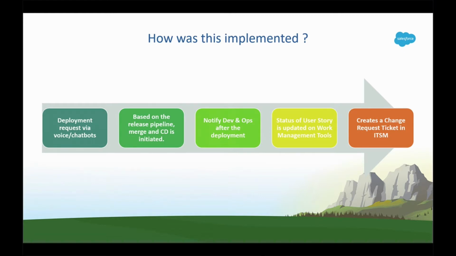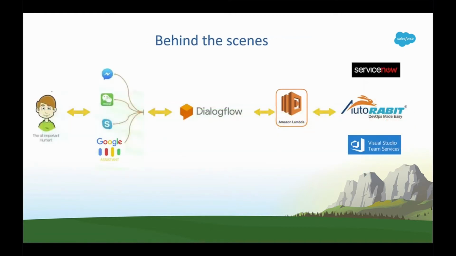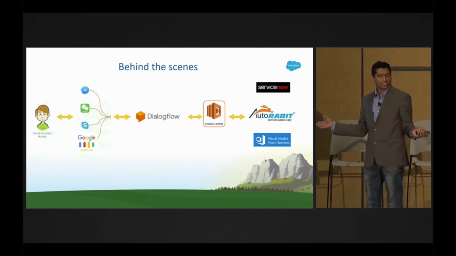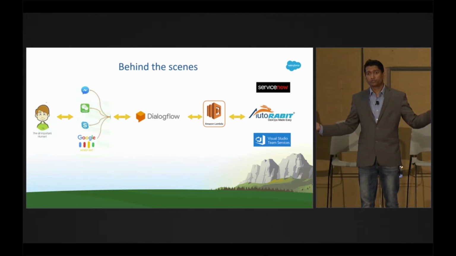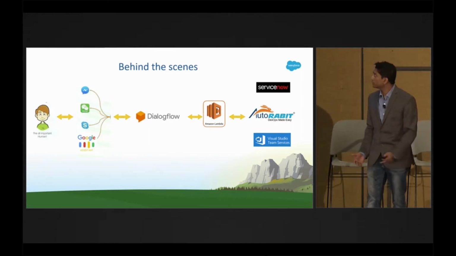So behind the scenes, this is the technology stack I have used. We have Google Assistant to listen to all the important asks you have. And Dialogflow is the place where you define how we want to process all these changes, how you digest these.